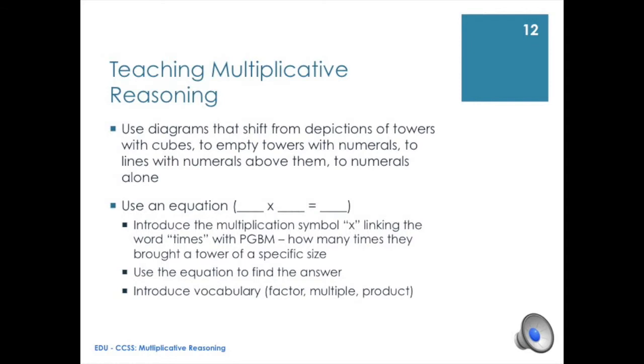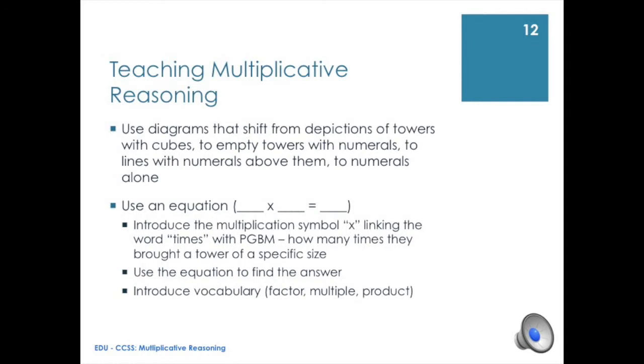And we find that this has been extremely powerful to help students find the answer to these stories. And then there's a very strong link between their experience of creating towers and finding how many towers they brought, finding how big the towers are, and finding the total number of cubes is really important.